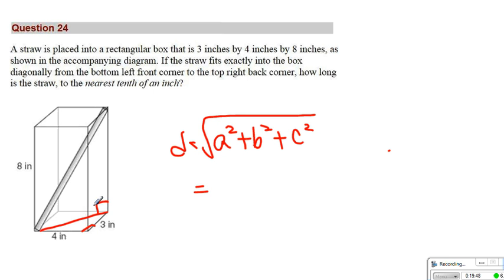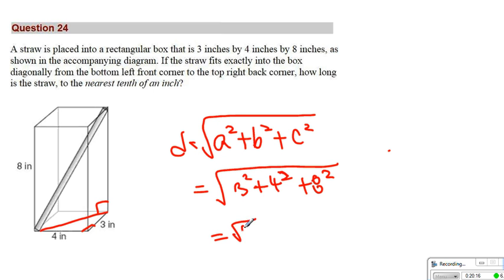If you apply this formula to this question, we end up getting 3 squared plus 4 squared plus 8 squared. Then this will be the square root of 25 plus 64, which is the square root of 89. And once you calculate this one, that will become our answer.